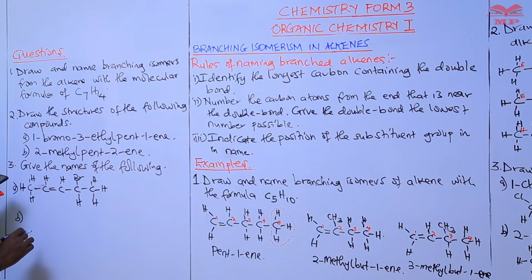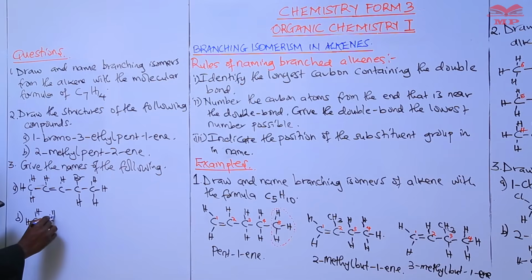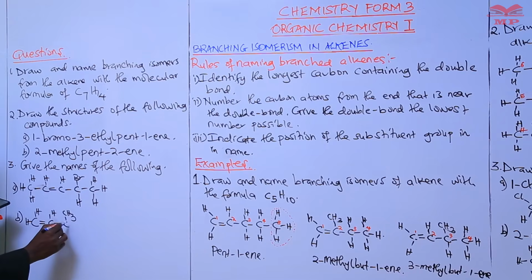And then part B, also try to give the name of this compound here, whose structure is as follows. We have the first carbon atom bonded to 2 hydrogen atoms with a double bond. The second one is bonded to 1 hydrogen atom. The third one has a methyl group with a hydrogen.